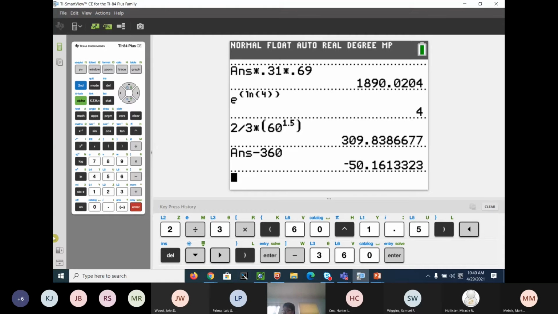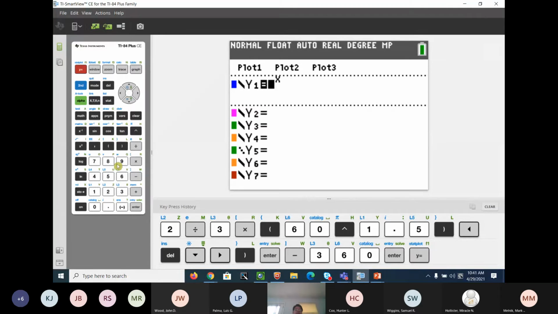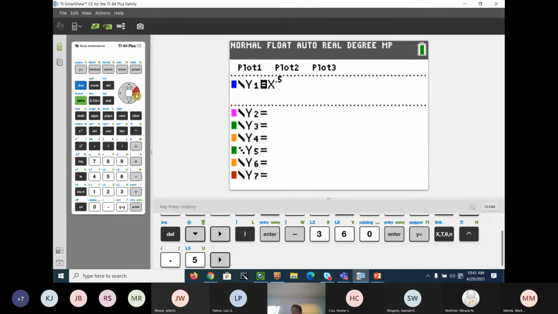So that means we got more area under the curve than we do above the curve. And if you look at this graph, x to the 0.5 minus 6, it's going to be a vertical shift of 6 down.